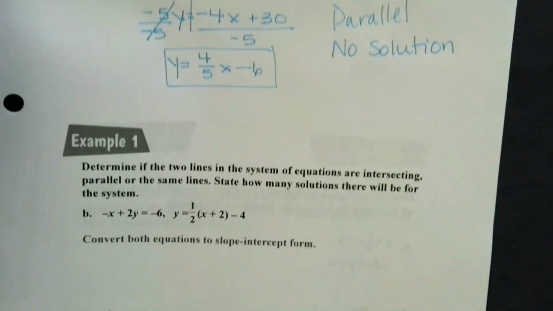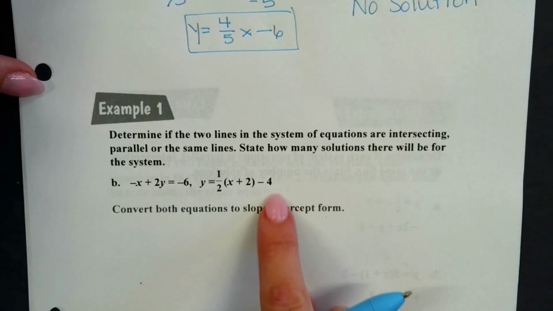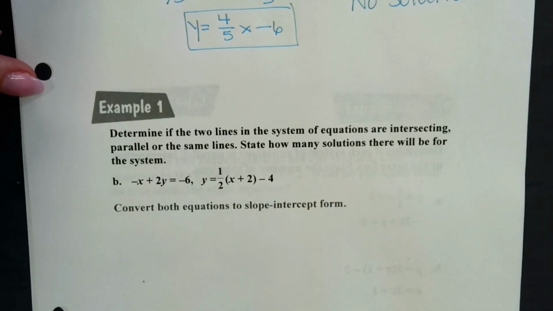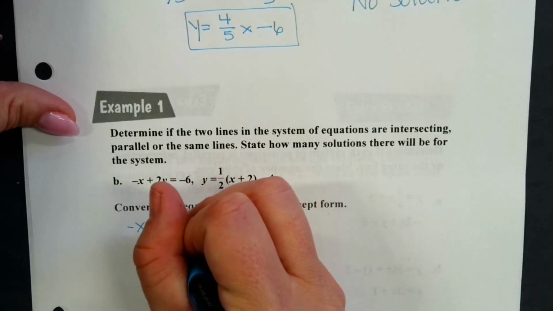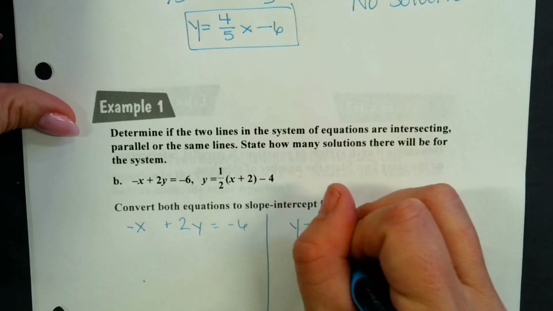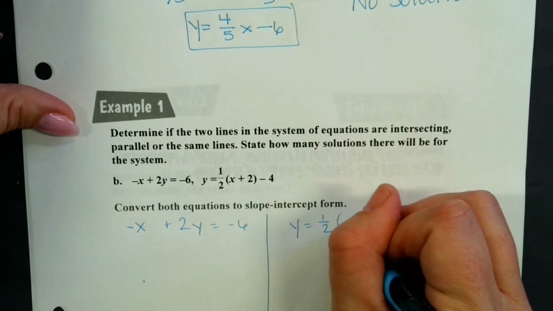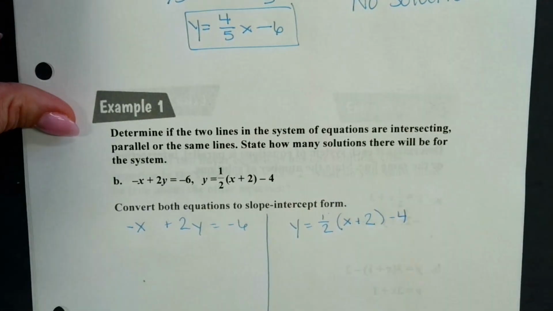Okay, let's try this next one. Are either one of them currently, right now, in slope-intercept form? Nope. So I tend to split the page. I'm going to tell you right now, this unit, organization on your paper is going to be key.